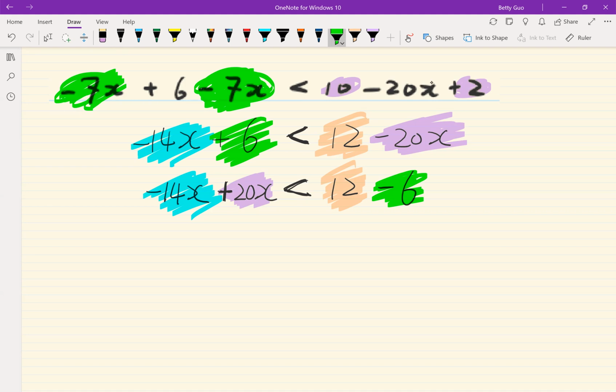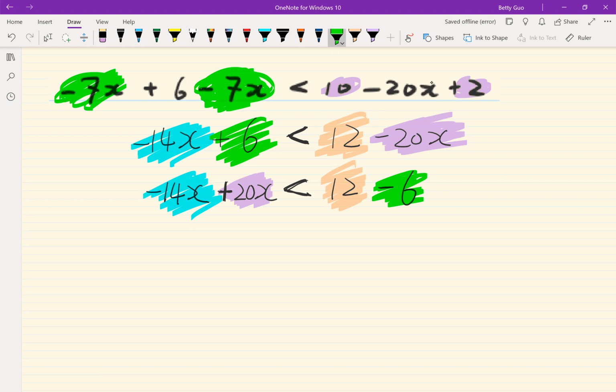And I move this green term over, it becomes negative. That's what happened. Do you see that? Blue term doesn't change. Orange doesn't change. Purple changes the sign. Green changes the sign too, right?